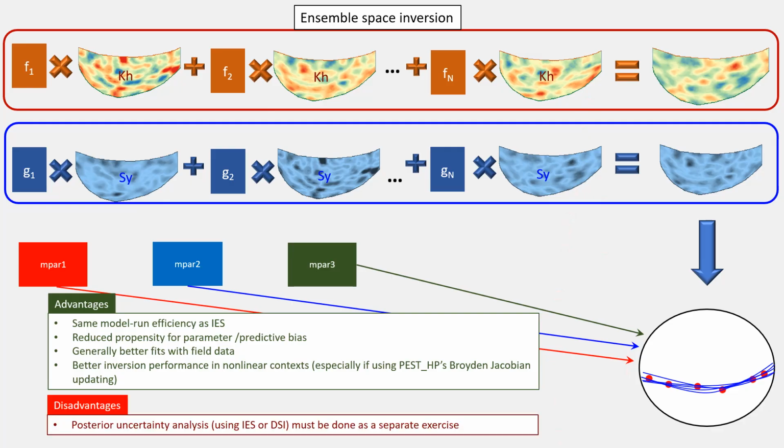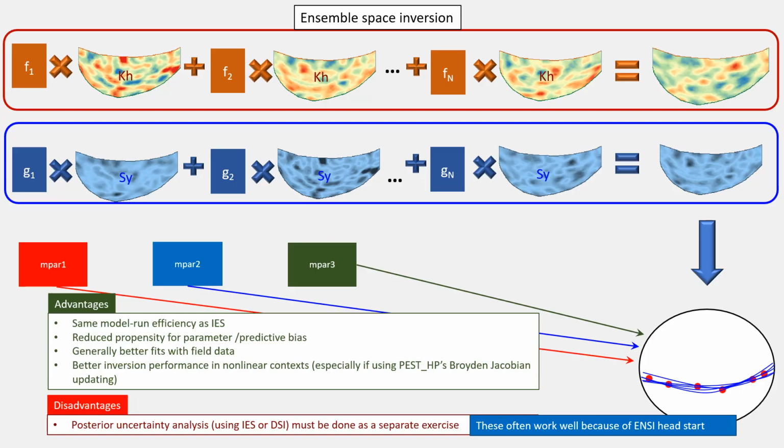The disadvantages are that, well, we're only calibrating, we're not doing uncertainty analysis. And if we're doing decision support modeling, we need to do uncertainty analysis. Having said that, we'll talk about this later, we can start our uncertainty analysis from the outcomes of ENSI inversion.